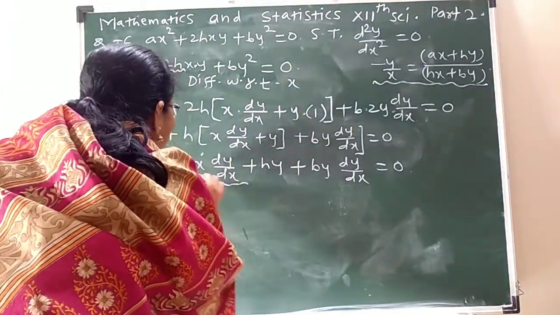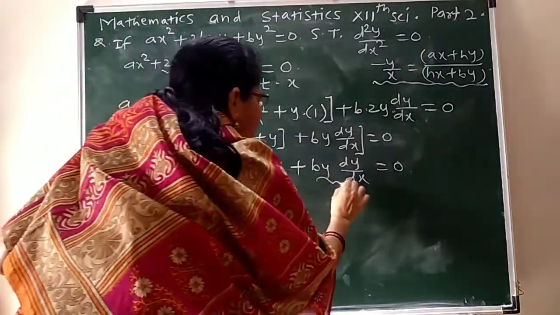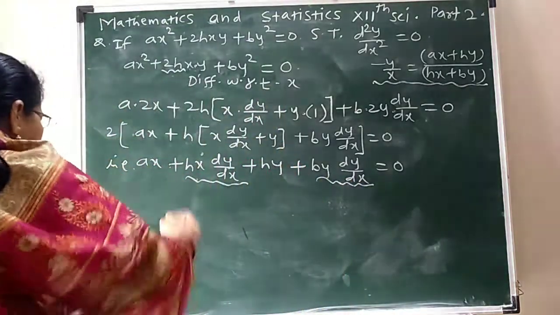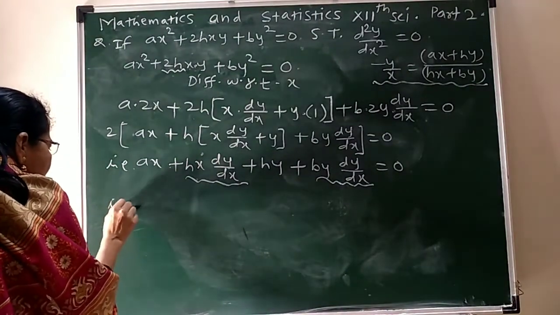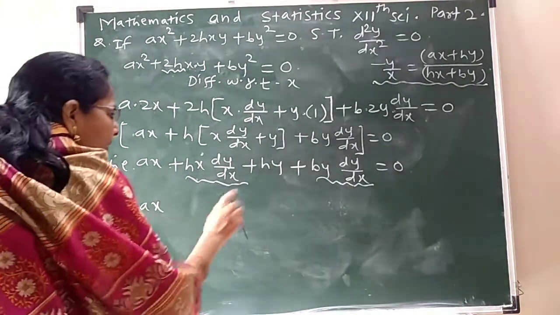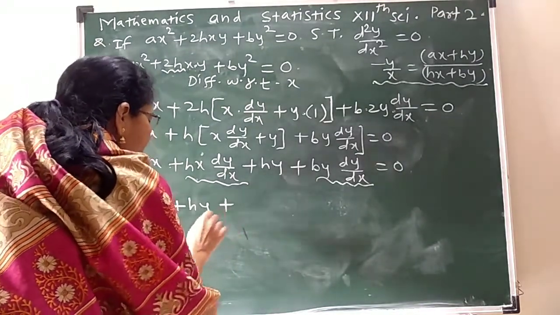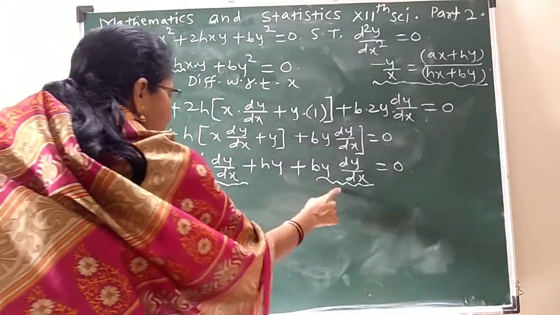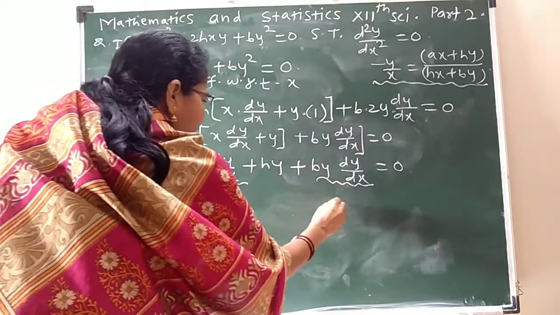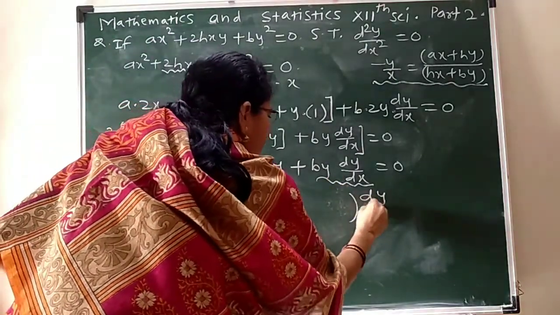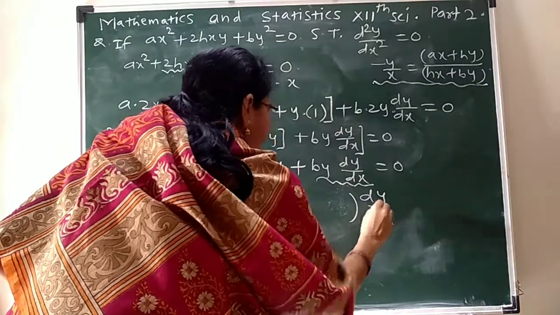Take the dy by dx terms. First is ax plus hy, plus from these two terms we take dy by dx common.